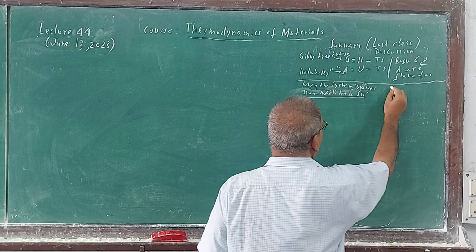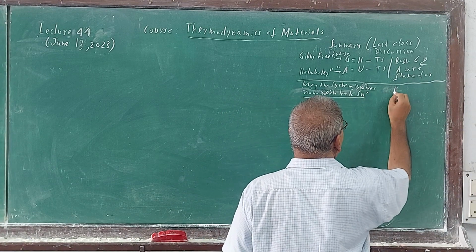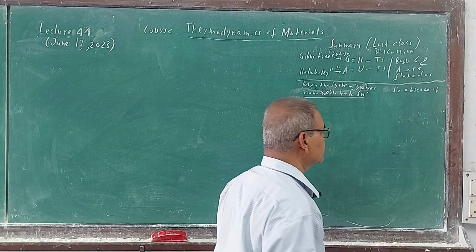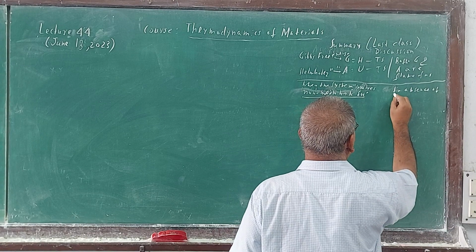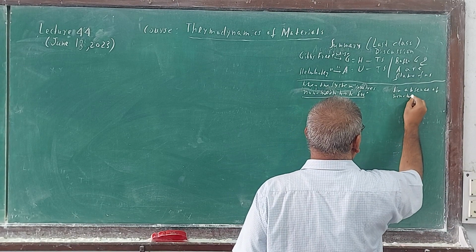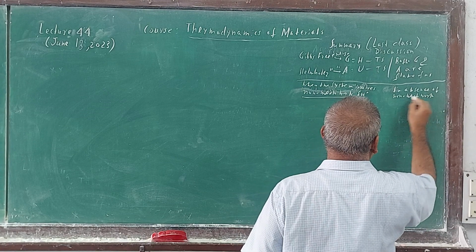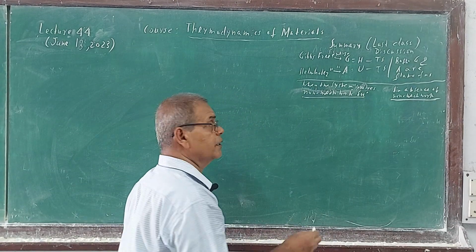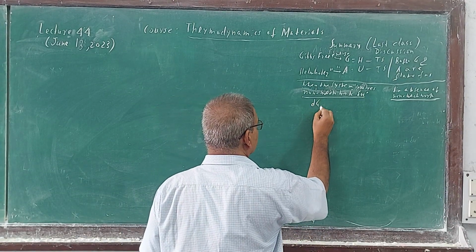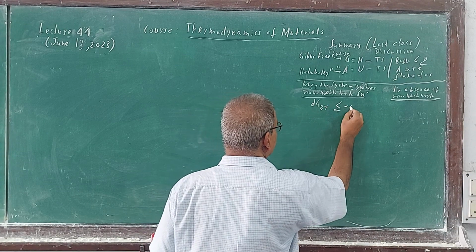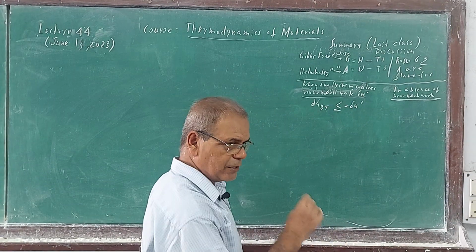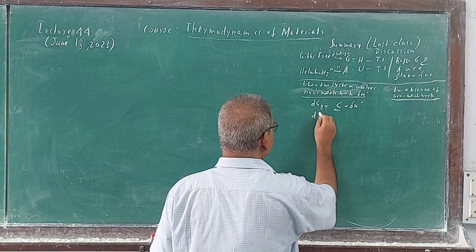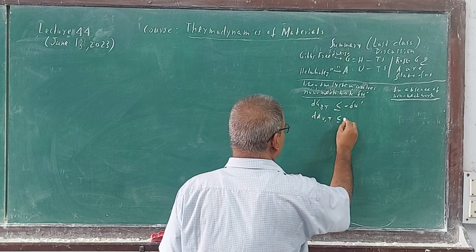This I am giving you, and then the case in the absence of non-mechanical work. I'm giving a table like this: dG at constant P, T, then dA at constant V, T, less than or equal to minus dW prime.